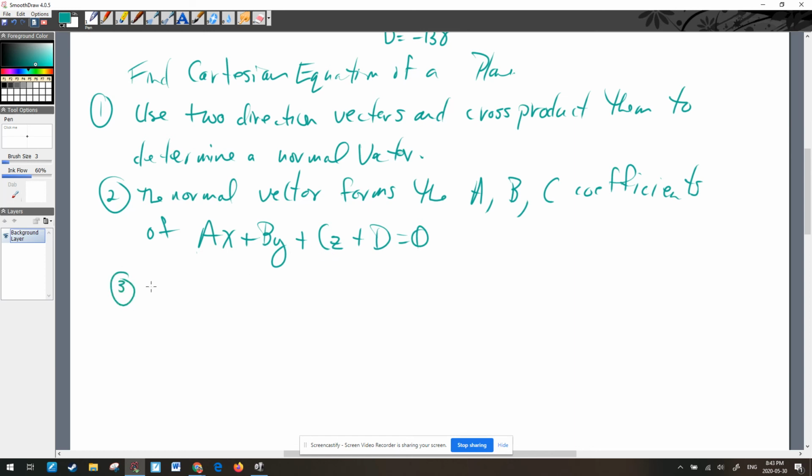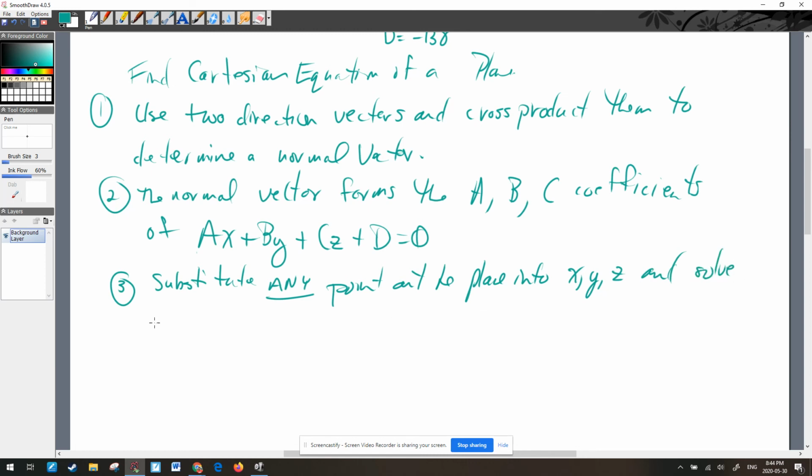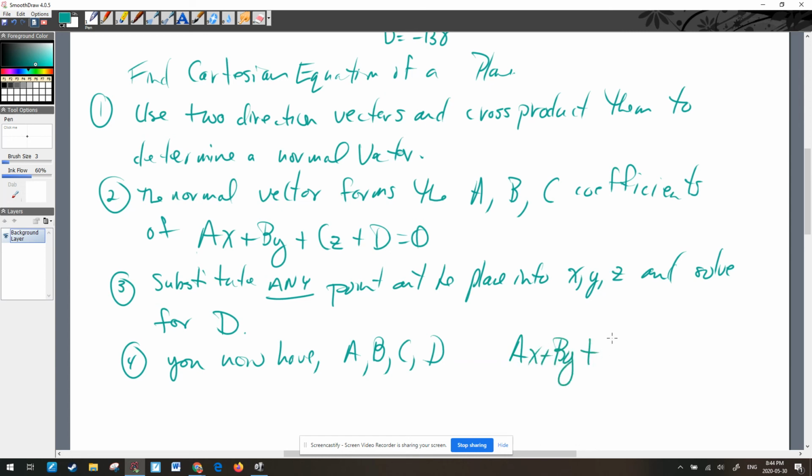And then the third step is substitute any point on the plane into x, y, z and solve for D. And then you now have A, B, C, and D. So you have Ax plus By plus Cz plus D equals 0.